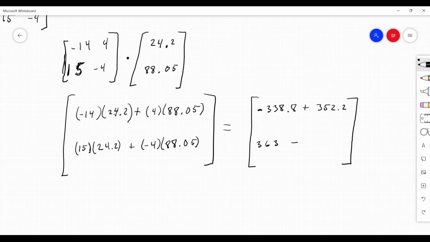Minus 4 times 88.05 is going to be the same as what we got there, 352.2, but negative.